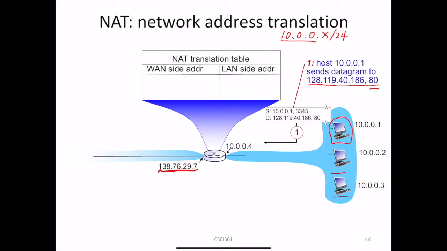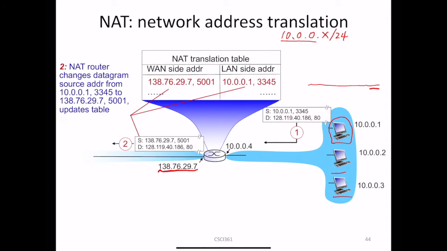Before this datagram is sent to the internet, it will first go through the router. So when the router receives this datagram, it will change the datagram source IP address and port number from the local IP address to a public IP address with another port number, and insert these pairs into the NAT translation table, which is here.